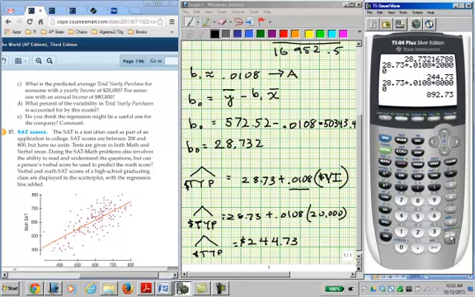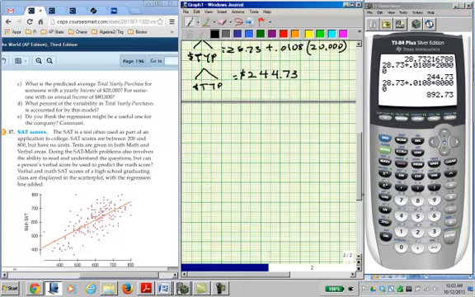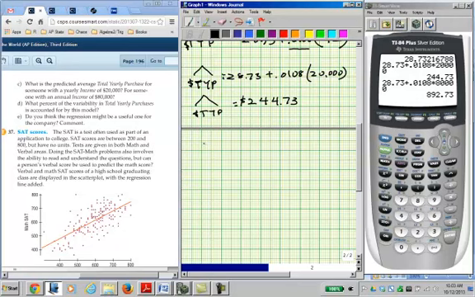So the estimated total yearly purchases for $80,000 equals $892.73.